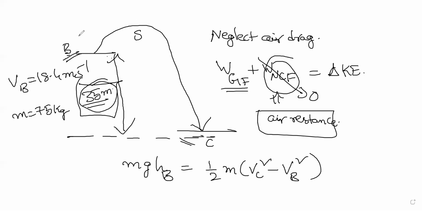Displacement is ultimately from the point B to the point C. So that is 35 meters. You can plug in the things and calculate. M also gets cancelled. So you can plug in the values of g, h, and you have the Vb value. Everything you can plug in, and then you can calculate the value Vc.